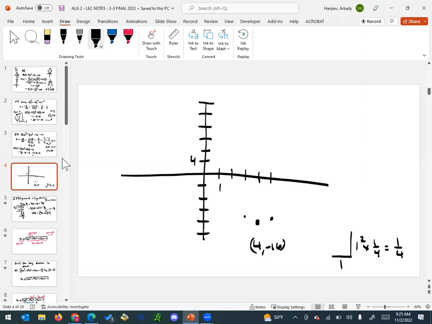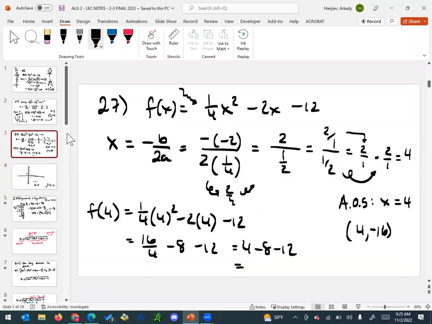The only other dot that you can put on the homework, which is an easy dot to put in, is the y-intercept. What's my y-intercept here? If I plug in x equals 0, -12. Absolutely. This little guy's my y-intercept. Notice how easy it is to figure that one out.